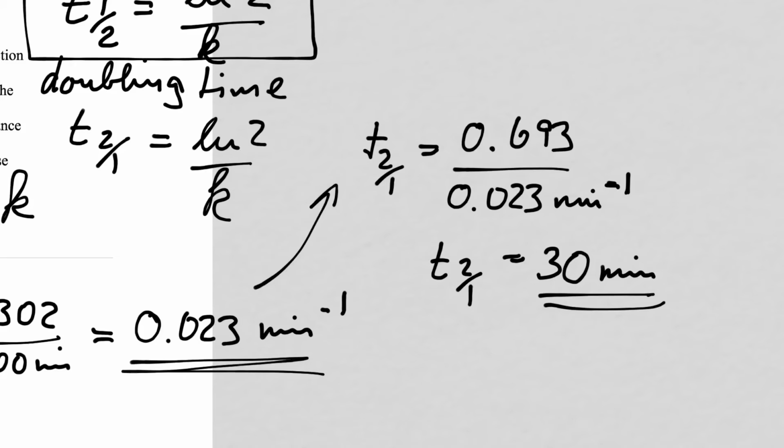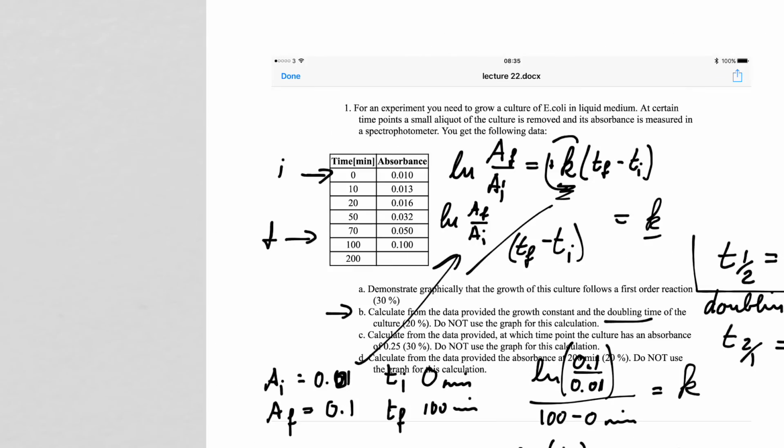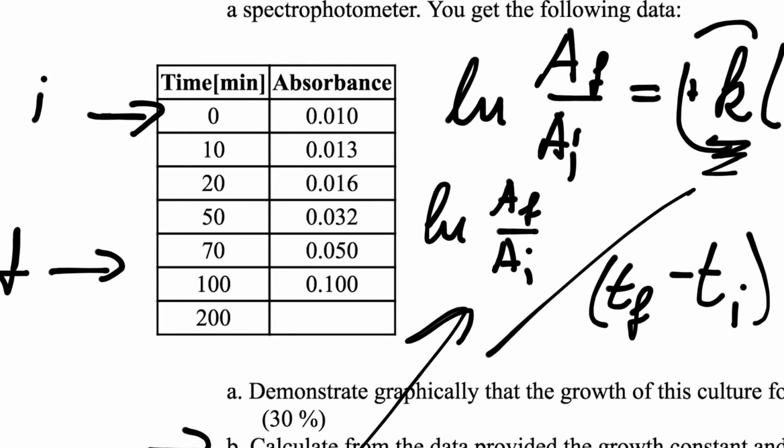So we have our doubling time. And we have our rate constant. Let's have a quick look at it. It means that every 30 minutes, our absorbance doubles. That is what doubling time means. And we can immediately check that.